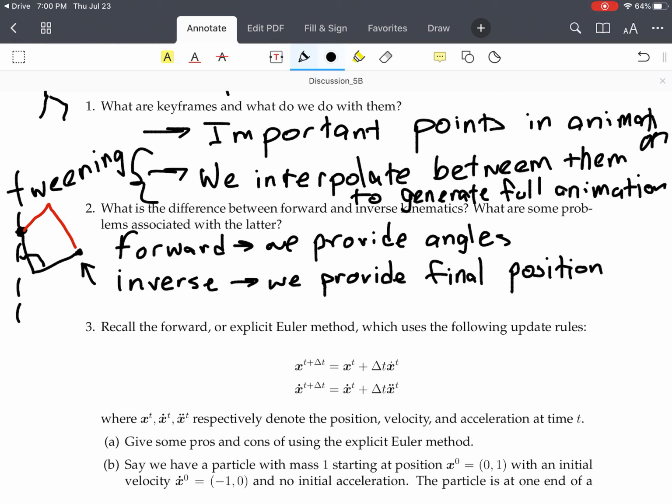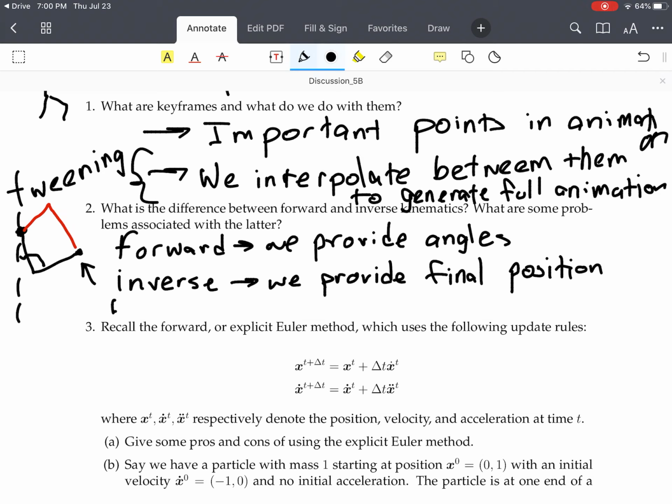So suppose we gave a final position that required that, well, the computer might not know, and it might just give us an angle that is in fact not valid at all, right? So these are just some of the issues with inverse kinematics, which require sometimes, if you're using inverse kinematics, to take a look at the results given back to you and see whether it's feasible, whether it's reasonable, whether it works, that sort of thing.